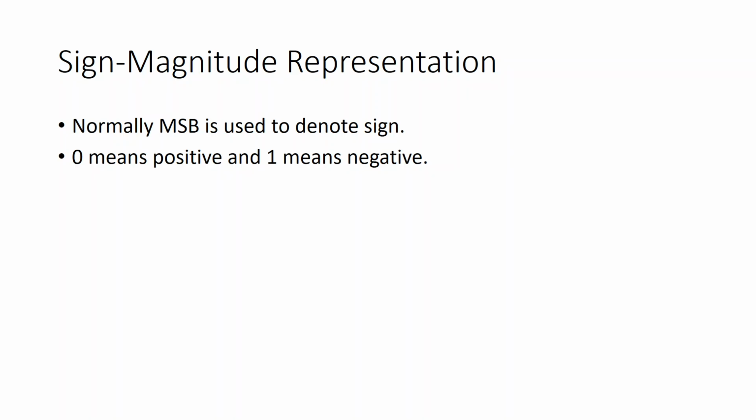In this lecture we are dealing with the binary system basically, with positive and negative binary numbers only. We will not be talking about octal, decimal and hexadecimal in this particular lecture.